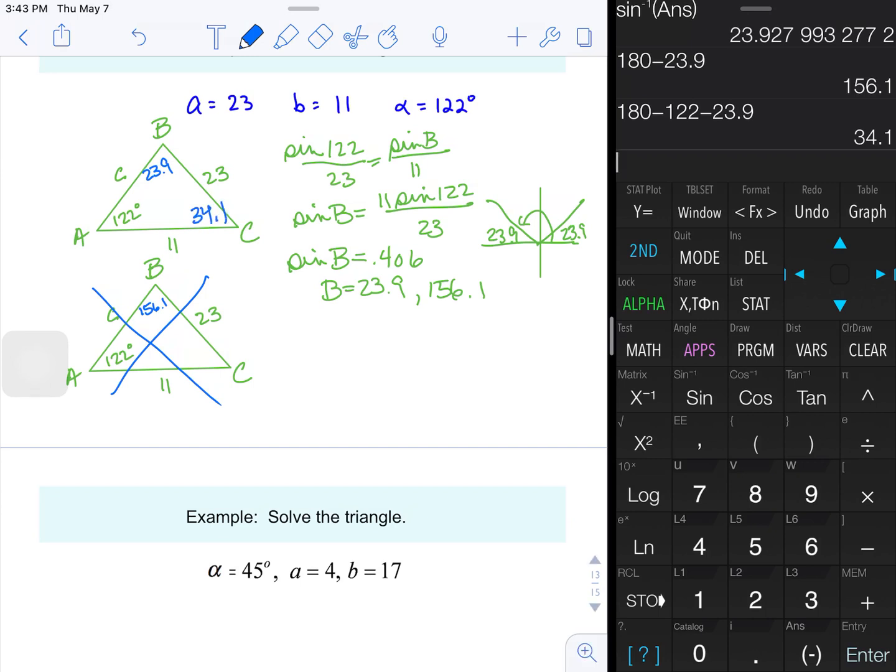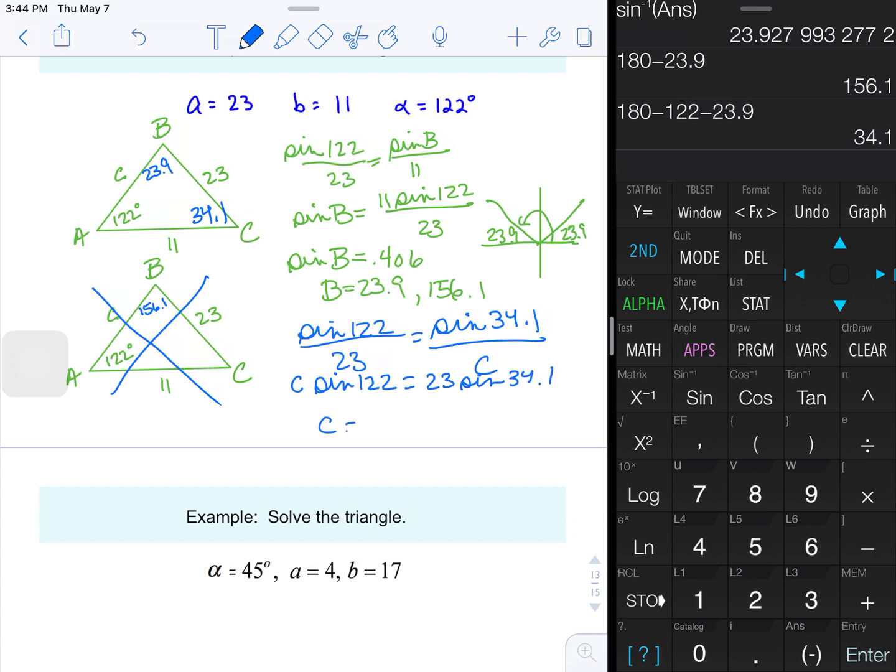Now we have to find side C. So sine of 122 over 23 has to be equal to sine of 34.1 over C. So now we will cross multiply. C sine of 122 equals 23 sine of 34.1, and then divide both sides by sine of 122.